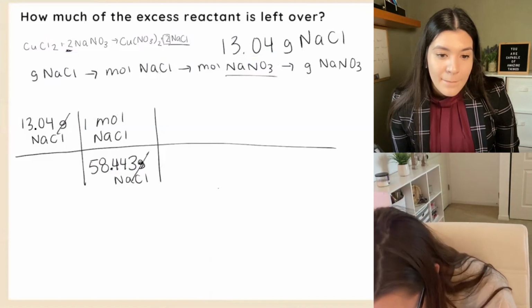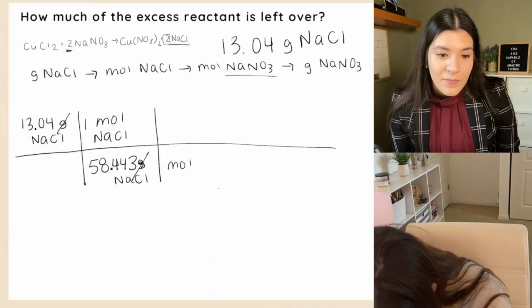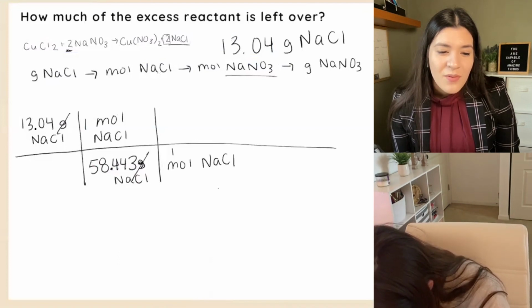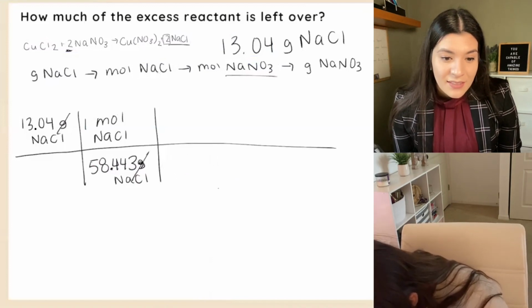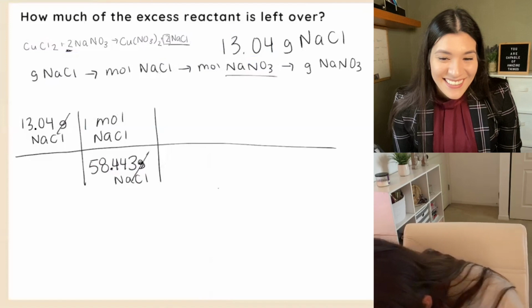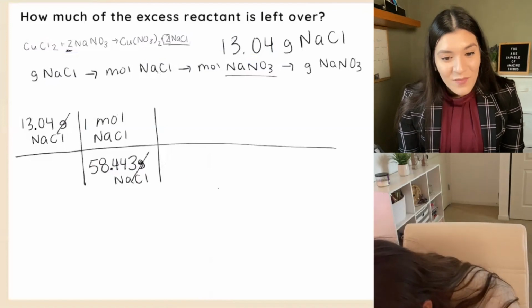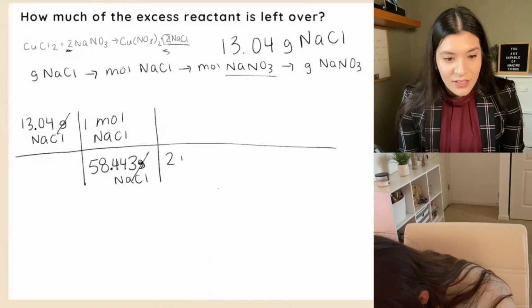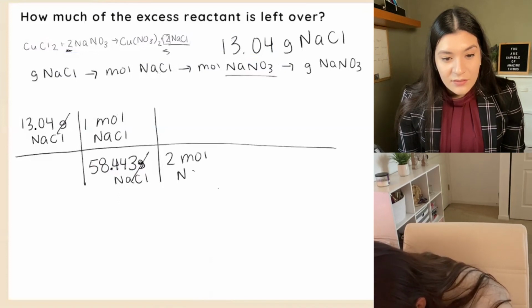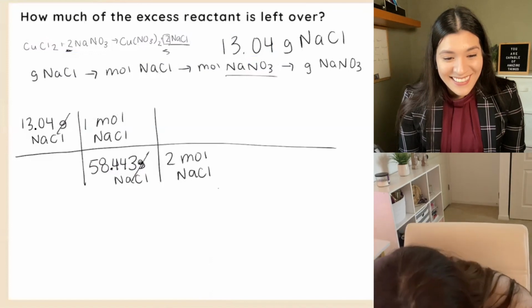Oh, this is where I'm... Never mind, I'm confused. Okay, so 1 mole of NaCl? Not 1. This is where we're going back to the balanced equation. Yeah. You just told me that. I'm sorry. Oh my gosh. Okay. So we use the 2, correct? The coefficient in front. Good. Okay, so 2 moles of NaCl. I promise I will eventually catch on.